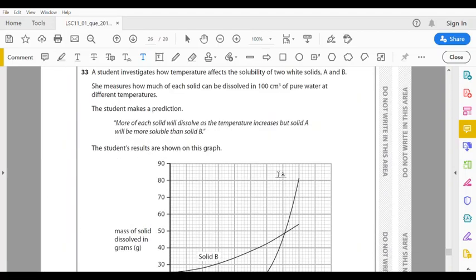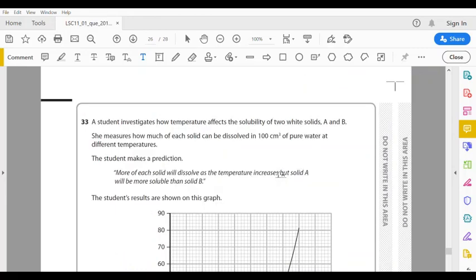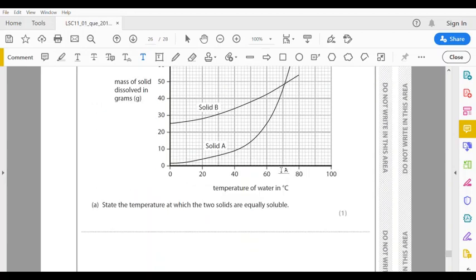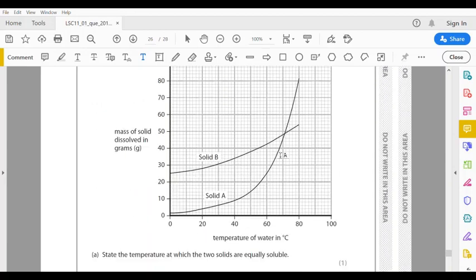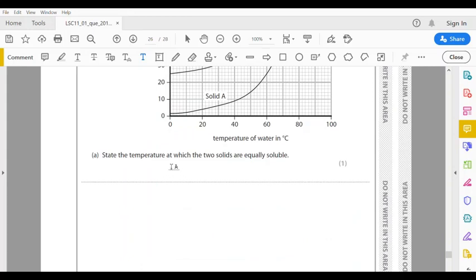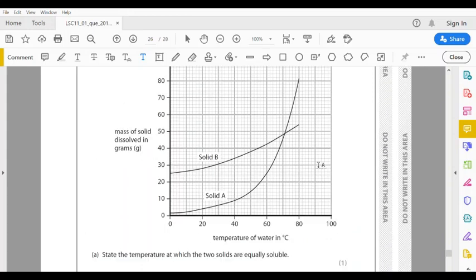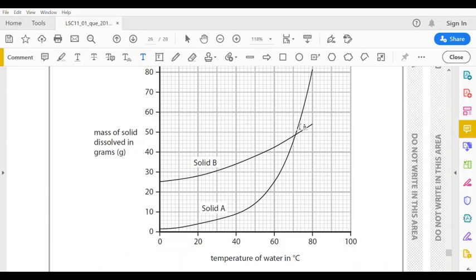Next question. A student investigates how temperature affects the solubility of two white solids A and B. So you can see two of the graphs. State the temperature at which the two solids are equally soluble. So you can look at the graph and go through. You need to say the temperature. It's after 70, almost closer to 72, in between 70 and 72.